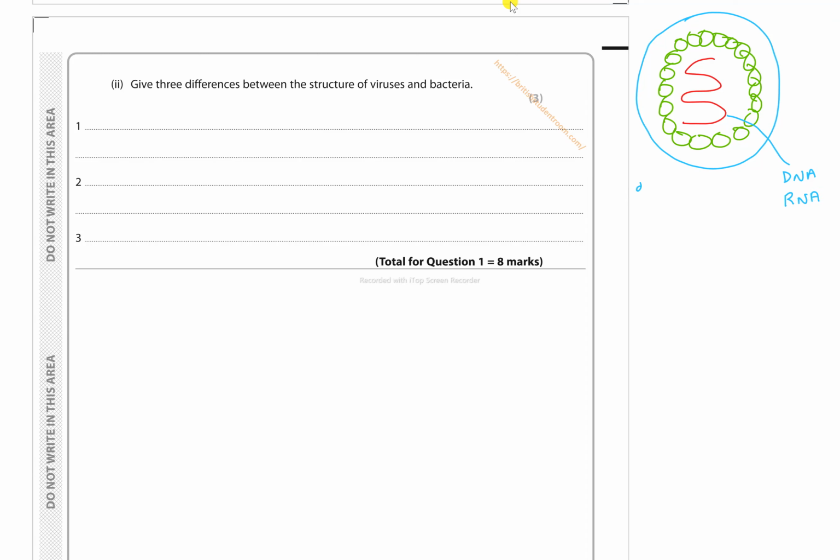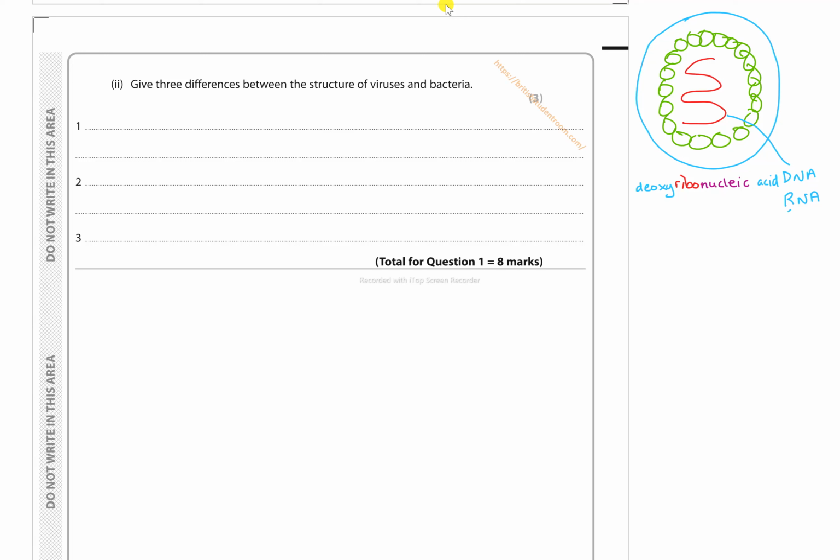DNA is deoxyribonucleic acid. That's how you say it.